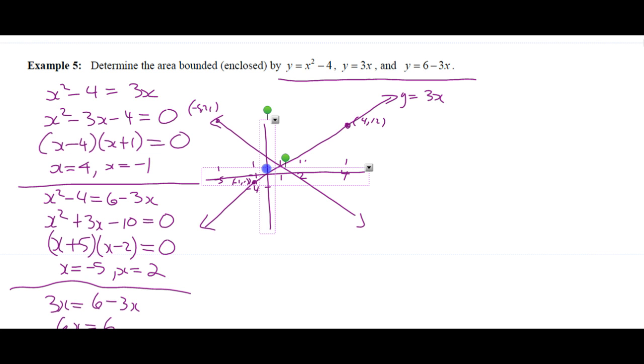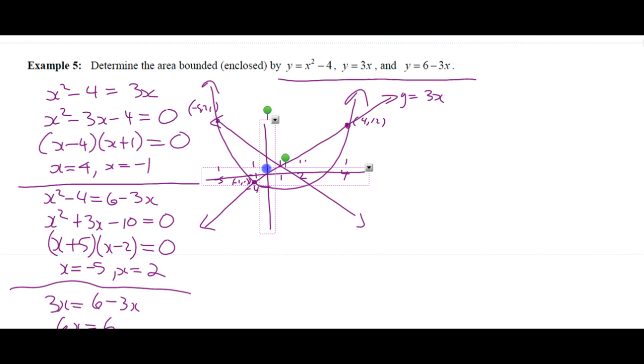And the quadratic is going through there. And these guys are intersecting at 1, the two straight lines. And the quadratic is hitting at 4, 12. 3x hitting there at 4. No, it's hitting at negative 1. Something like that.